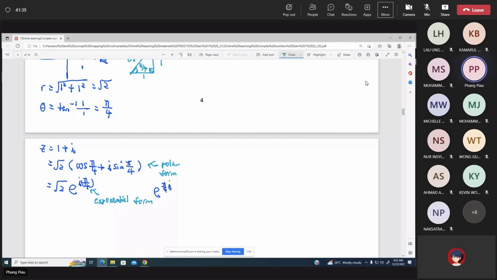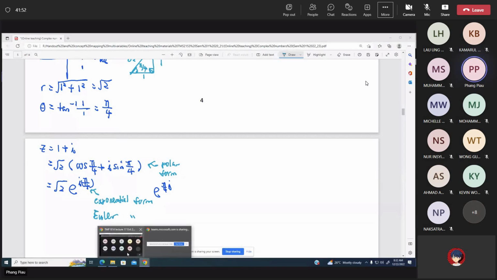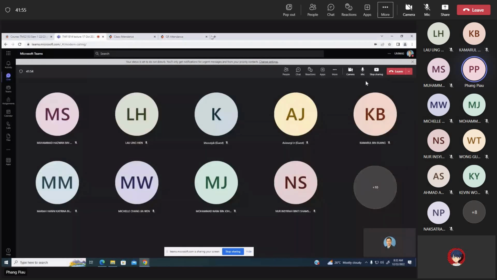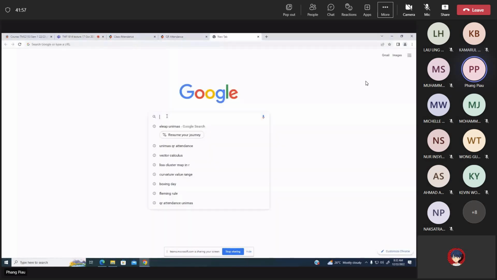But one thing you may find in your materials is saying that this is the Euler form. That I don't like. Why don't I like it? Because in mathematics, if you Google, Euler can mean many different things.